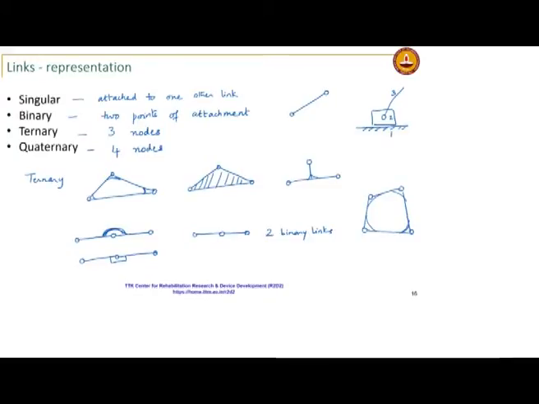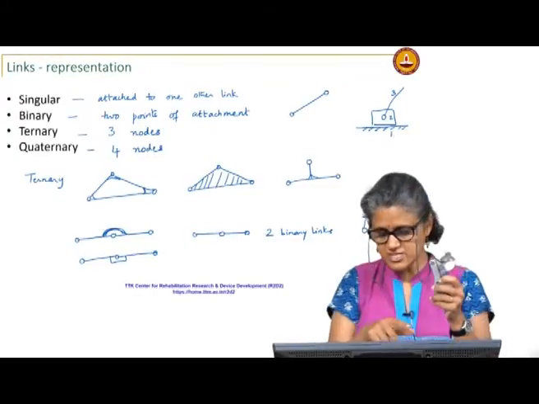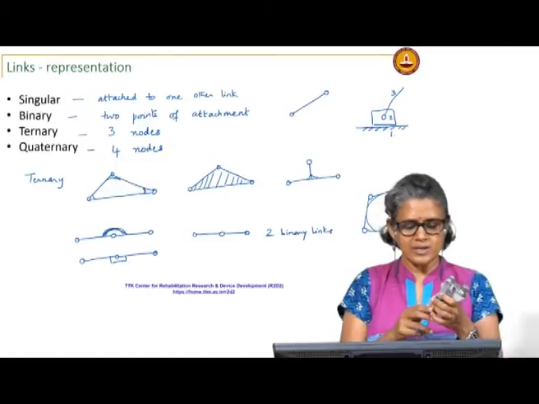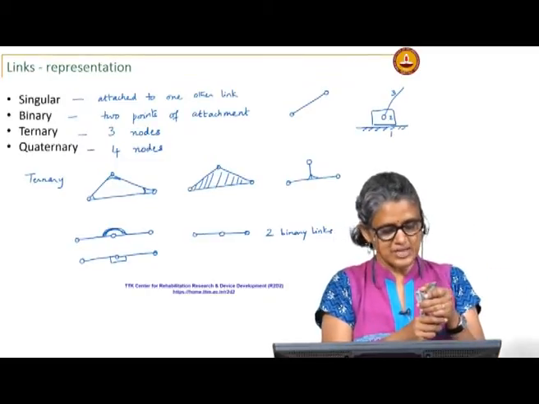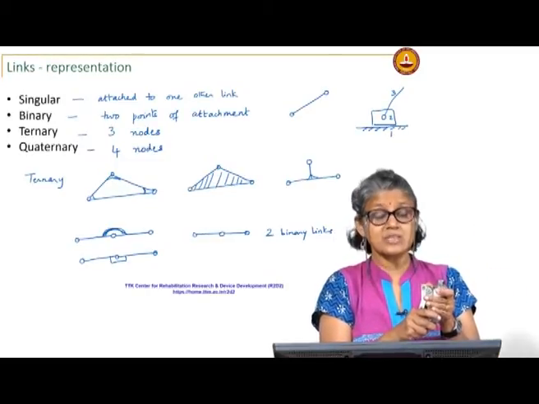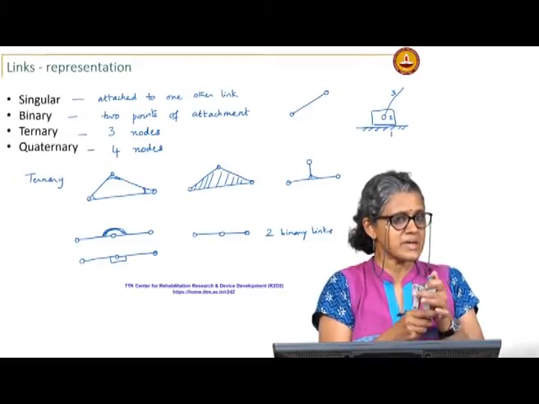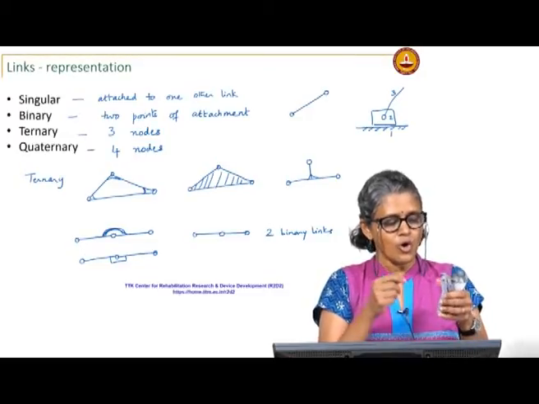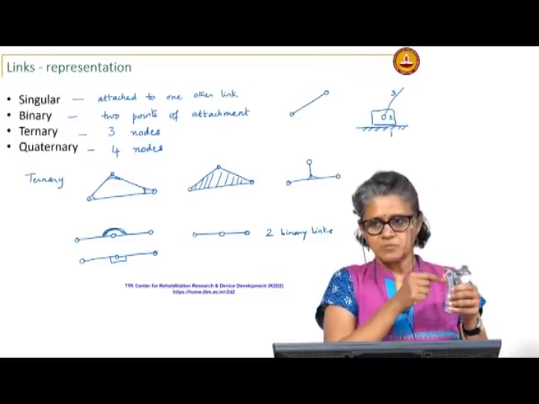You can see here this is a mechanism. A lot of the things that we are doing initially in the first part of the course, or in the majority of the course, will be planar mechanisms, where all the points on the mechanism move in parallel planes.